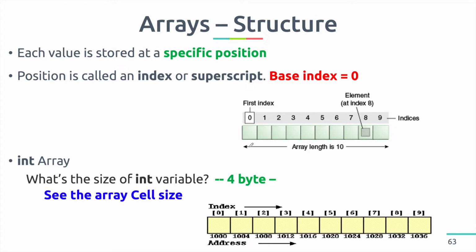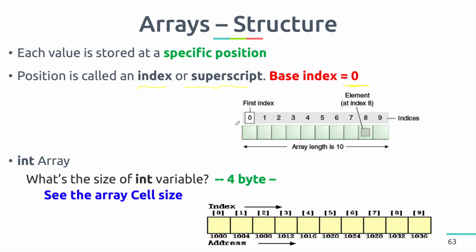Every item in an array has a specific position. That position in Java, we call an index or a subscript. The first index, which we also call the base index, is always 0. Let's say this array is an integer array.